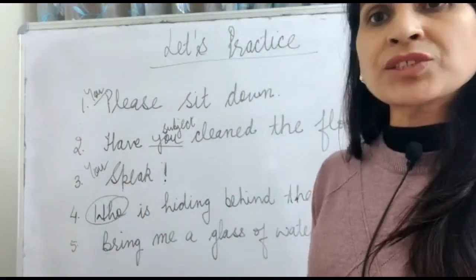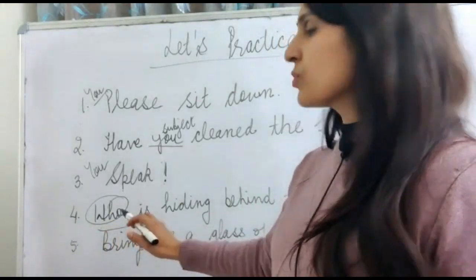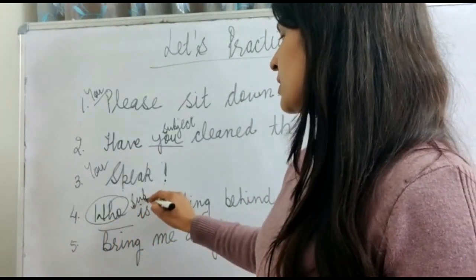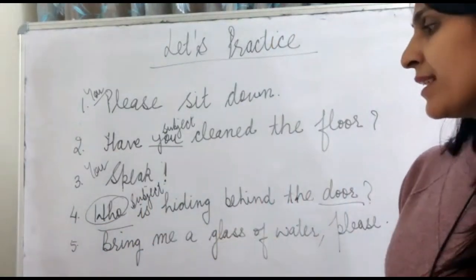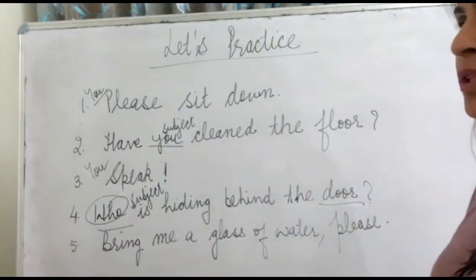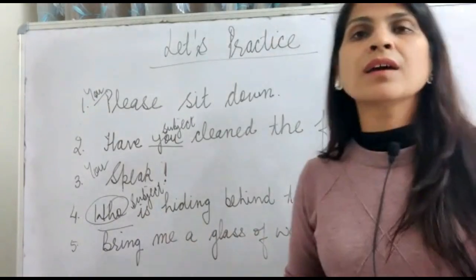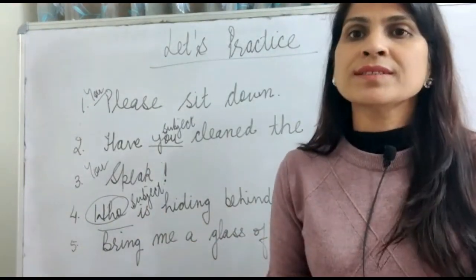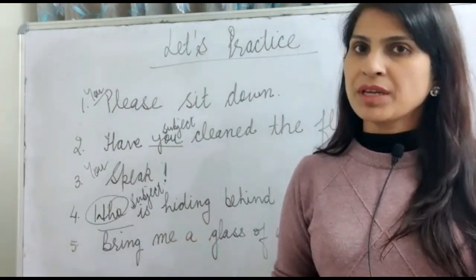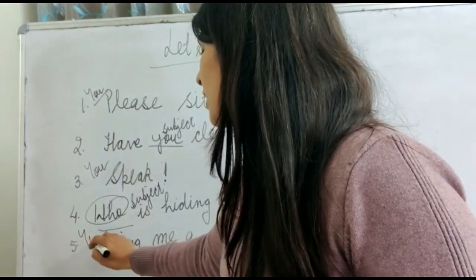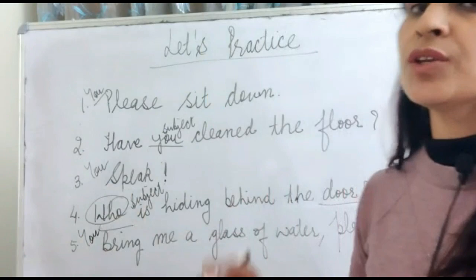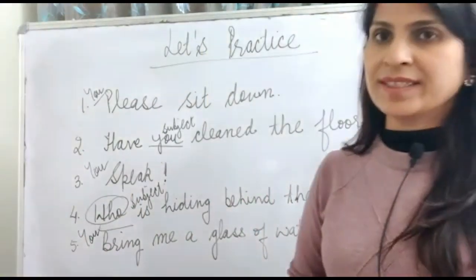Who is performing the action? It is who. So, who is the subject in this sentence. The next sentence is, bring me a glass of water, please. This is a request. We are requesting somebody, please bring me a glass of water. And whom are we requesting? We are requesting you. So, you is the subject in this sentence.